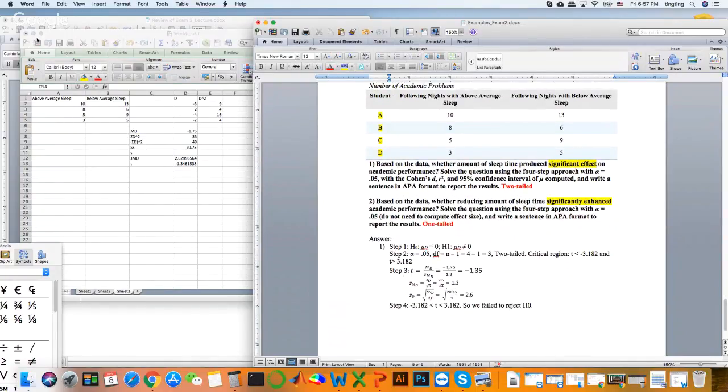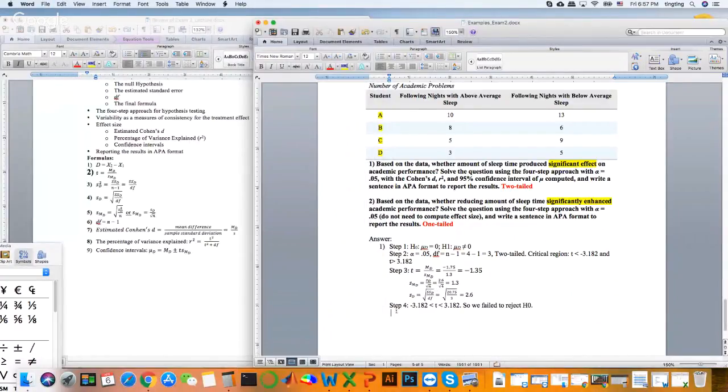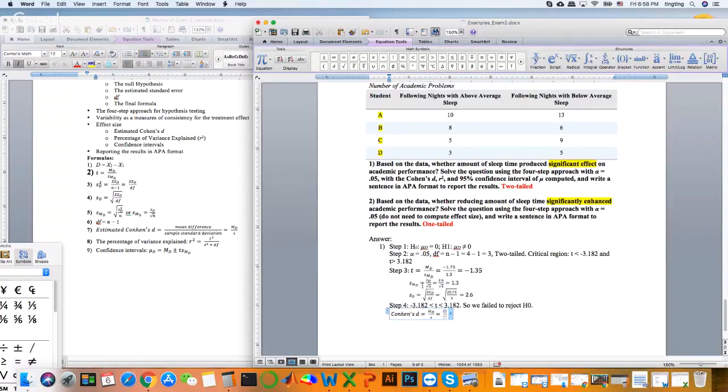Same thing, we compute the Cohen's d. So the Cohen's d, and D we know which is negative 1.75. And then SD as we know is 2.6 here.